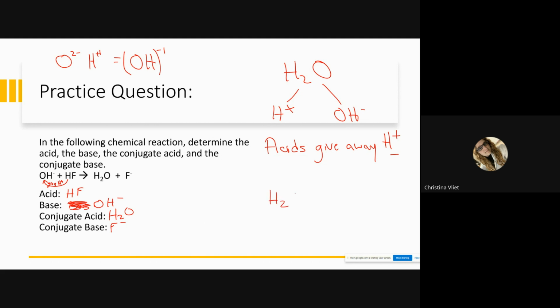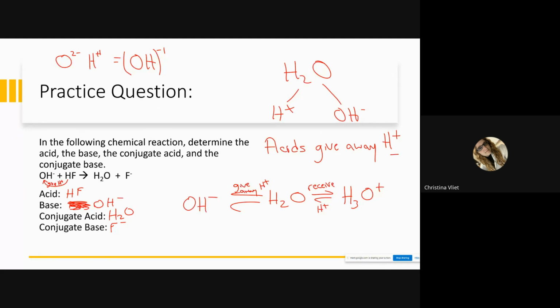Water can receive H plus, and when it does, it becomes H3O plus. We said that earlier, right? Water can give away H plus, and what does it become? It has the ability to gain H plus, and it has the ability to give away H plus. What does water become when it gives away its H plus? We did it earlier.